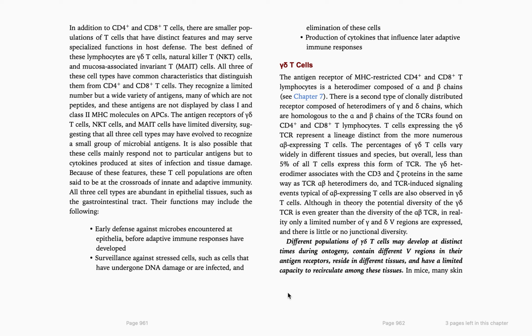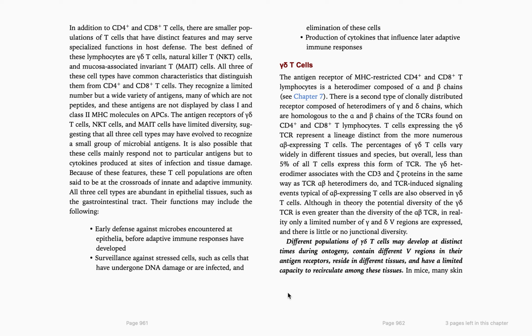The best defined of these lymphocytes are gamma delta T cells, natural killer T, NKT cells, and mucosa-associated invariant T cells. All three of these cell types have common characteristics that distinguish them from CD4 and CD8 T cells.